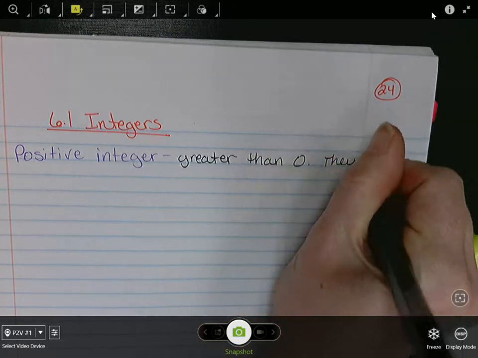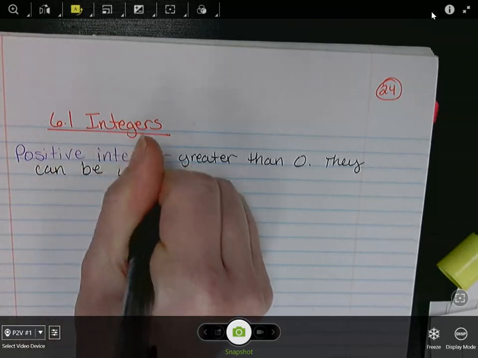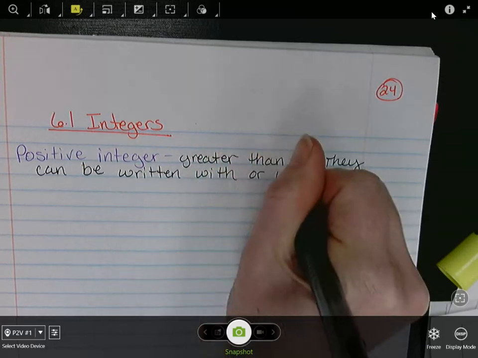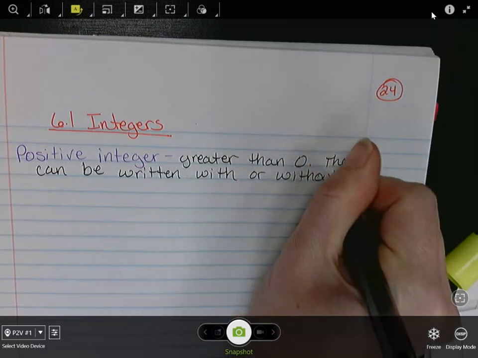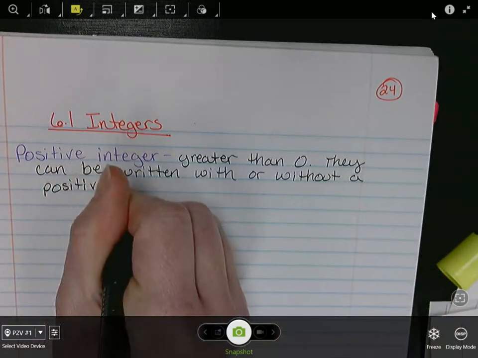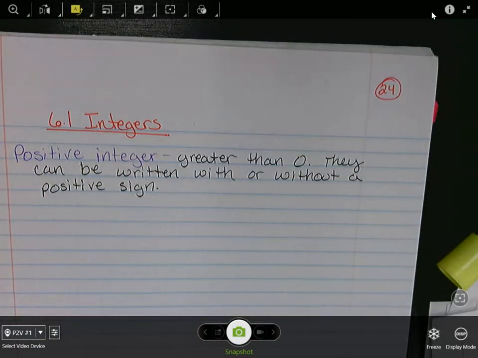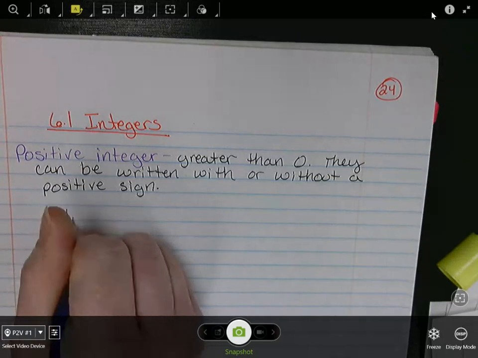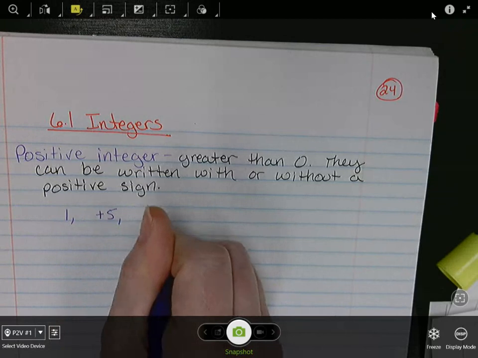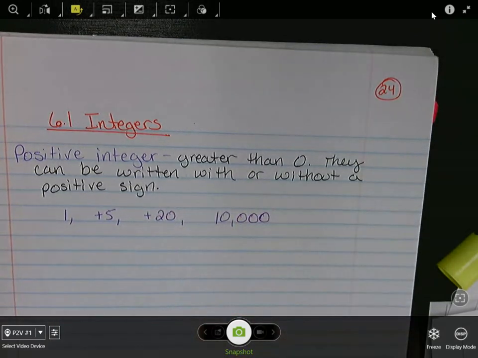And they can be written with or without a positive sign. Okay. All right, so some examples of positive integers would be, for instance, the number 1, that's positive, or positive 5, positive 20, 10,000. Okay, so all of those are positive integers.